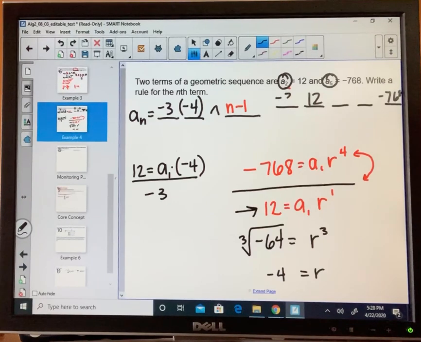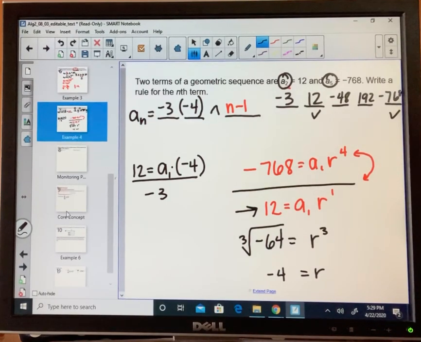We got negative 3. 12 times negative 4 is negative 48. Negative 48 times negative 4 is 192, times negative 4 is 768. So we kind of checked our answers as we went along, because we had those two that we already knew. Okay, so that's how you'll fill in the blanks for those.